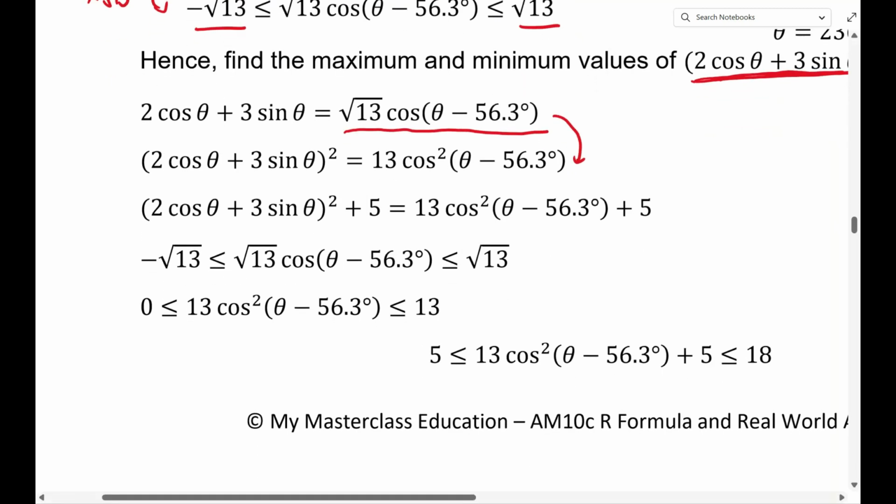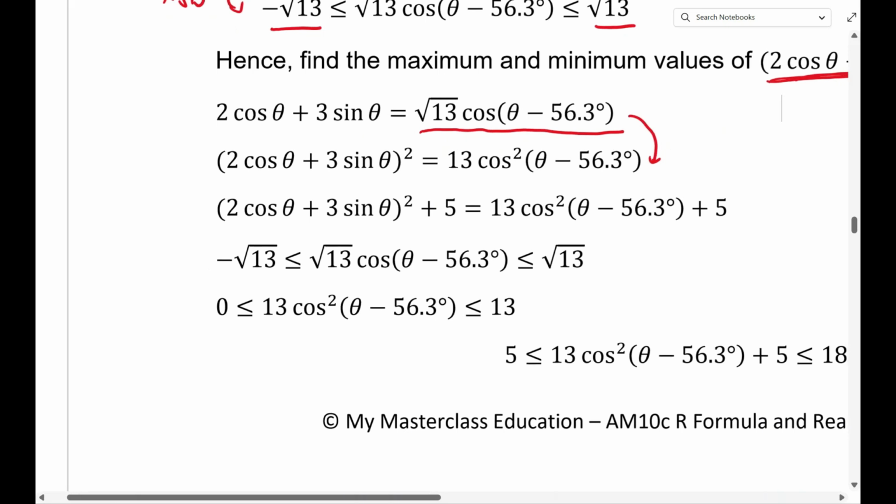So to find the minimum and maximum values, we'll start with our initial equation of root 13 cosine theta minus 56.3. Now we know from the previous part that our maximum value is root 13 and our minimum value is negative root 13. We will then square everything, which changes our range from 0 to 13.